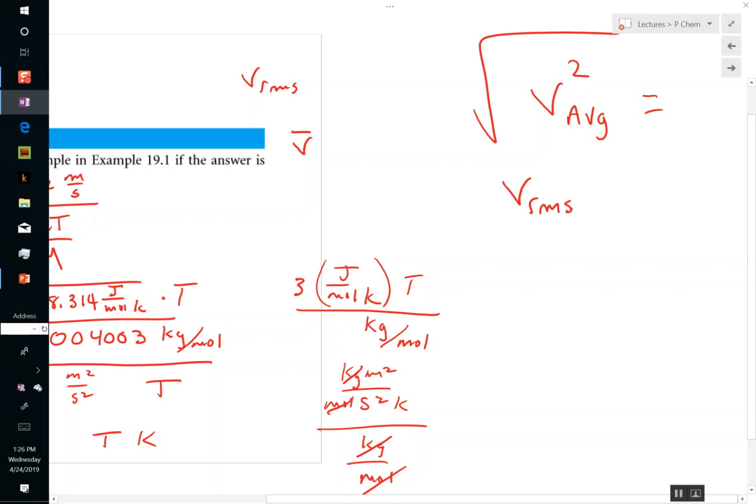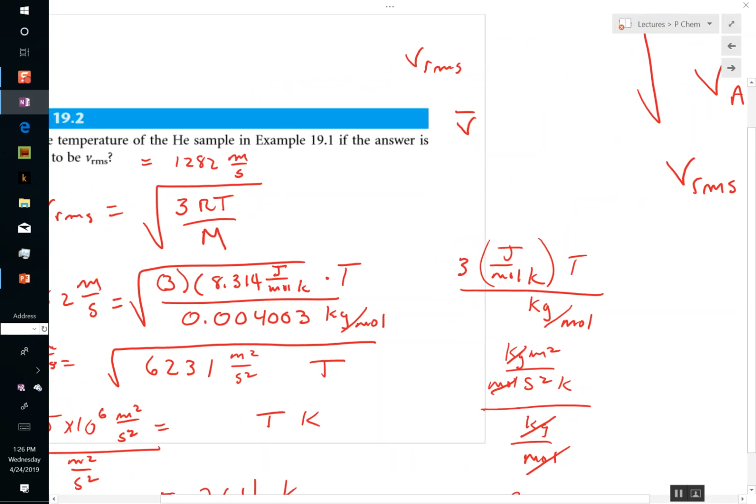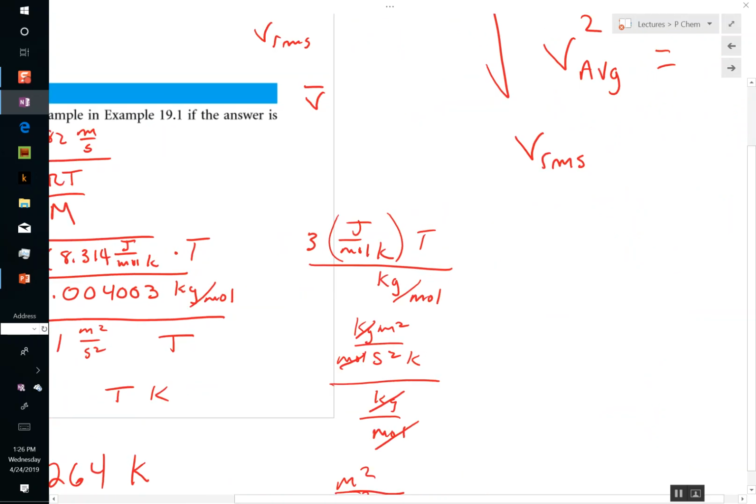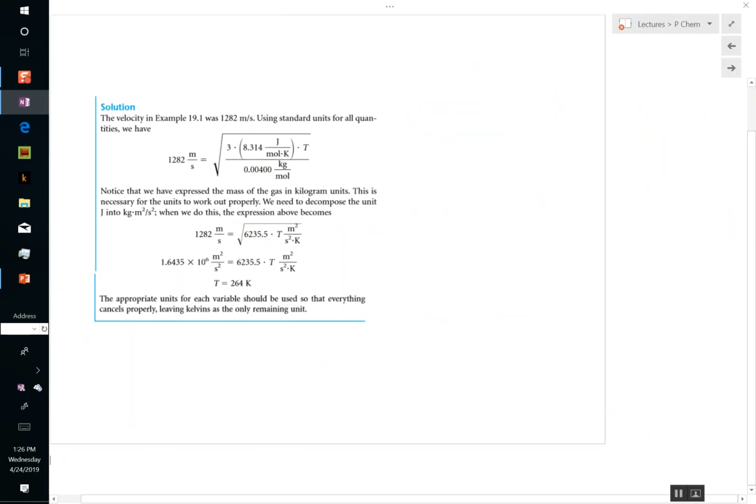Oh, okay. Got it. It's the square root of the square of that average velocity. The root mean squared velocity. And there's the solution to it right there.